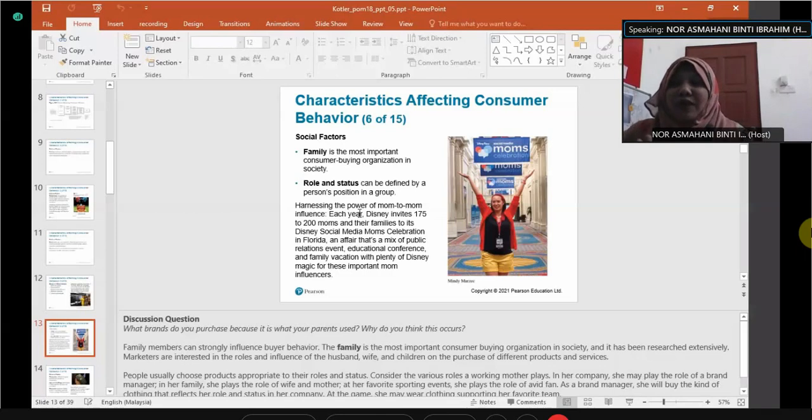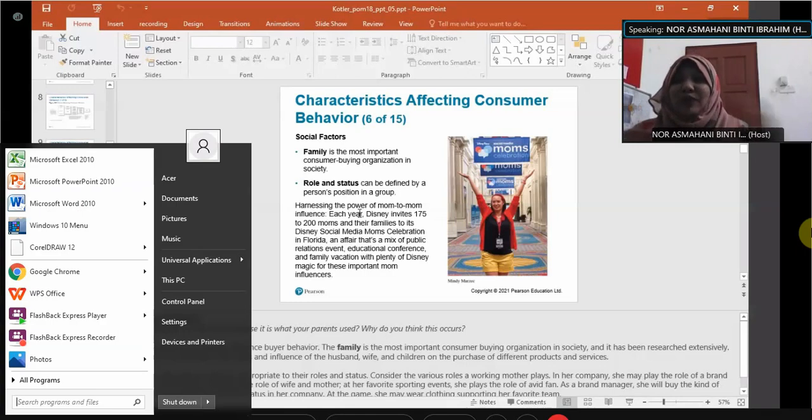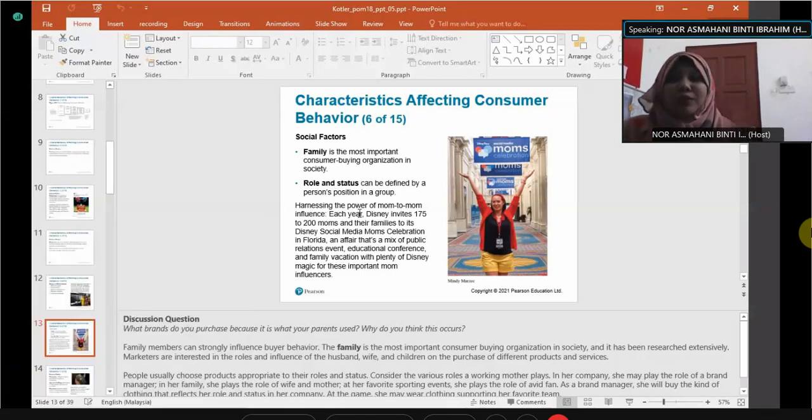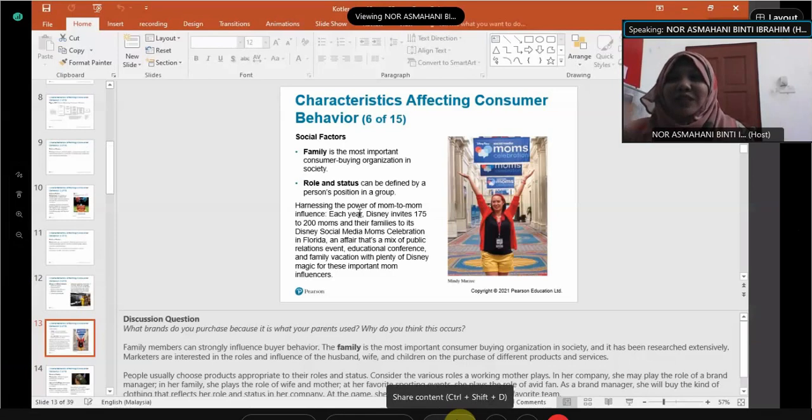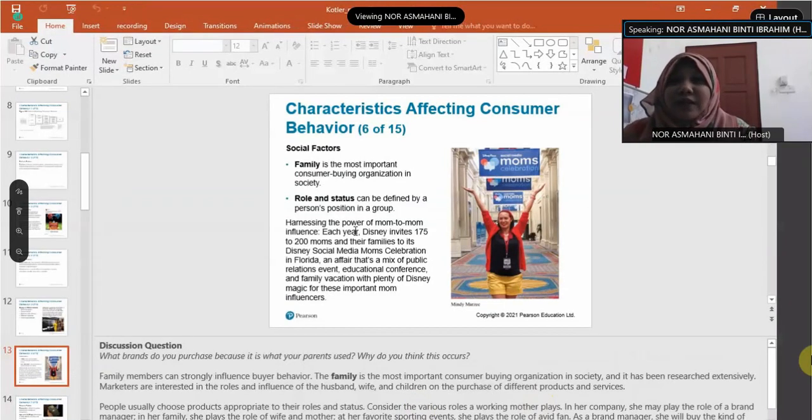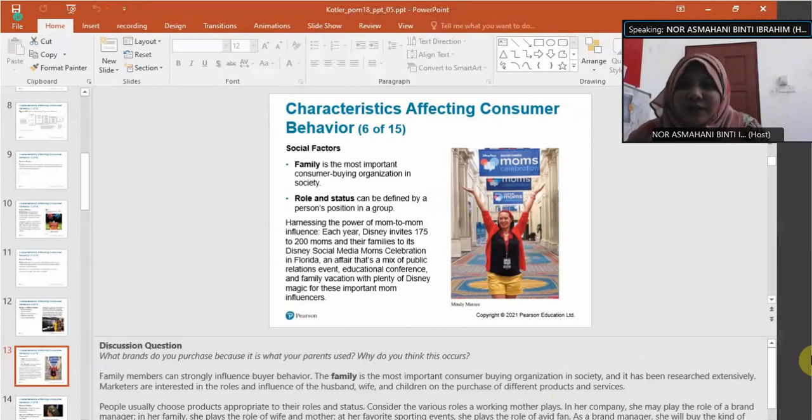Housewife, career woman, a professional one, football fan. So you can see what she wears, what she watches, what she buys, right? Of course, she will buy MU, MU shirts. Right? She will buy all the Liverpool stuff if she is a Liverpool fan, okay?